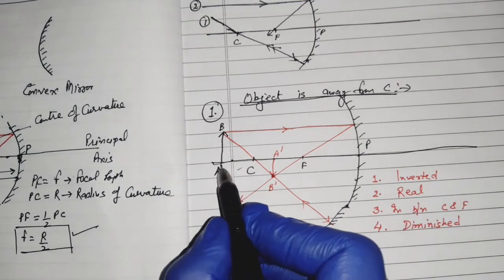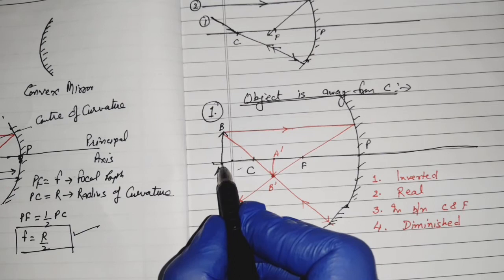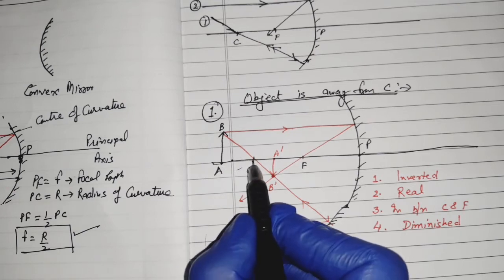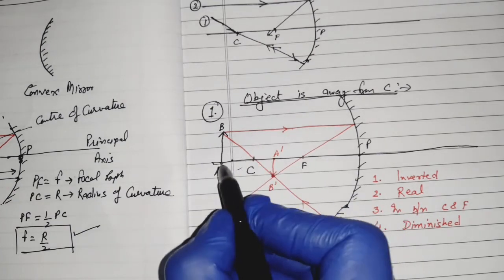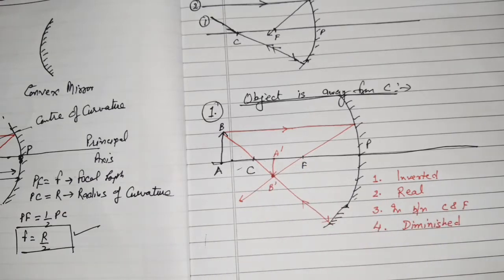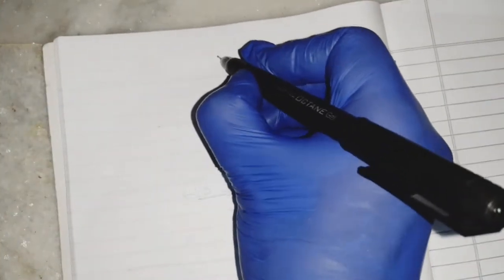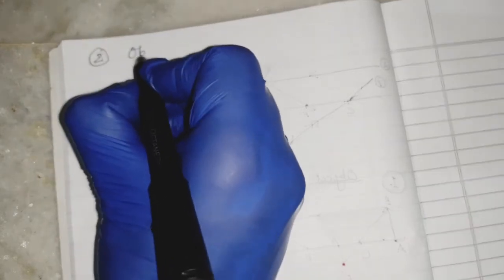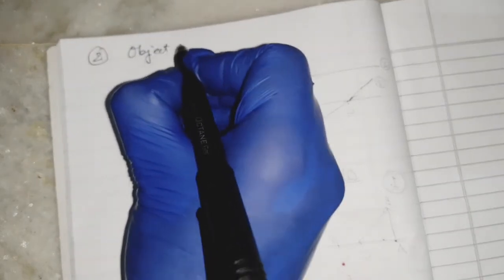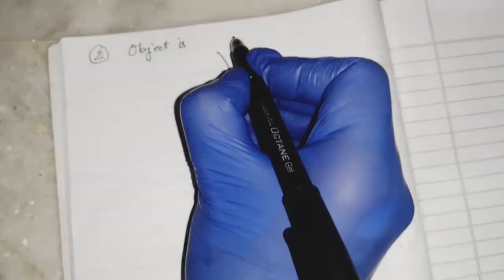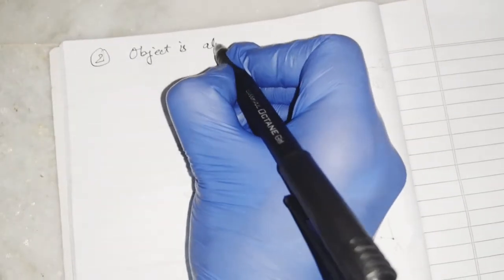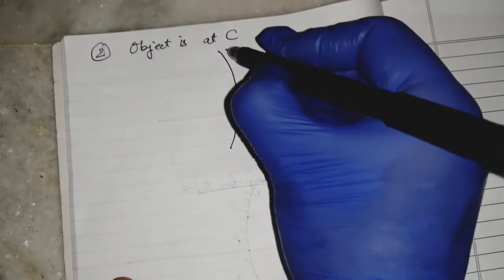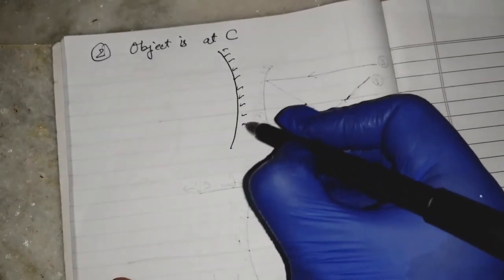Now come to the second part. Now I am going to place the object at C. I will draw the object here. Now see where the image is formed. Number 2, the object is at C. Here is a concave mirror.